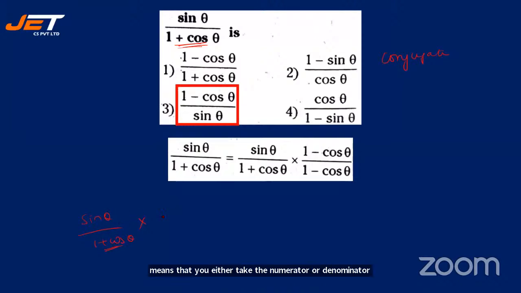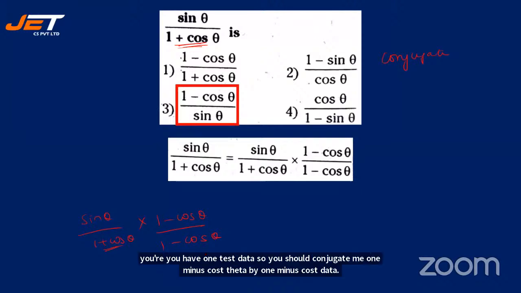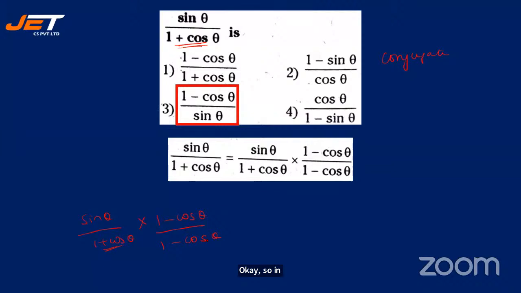Here you have 1 plus cos theta, so the conjugate means 1 minus cos theta by 1 minus cos theta. In standard 10, many sums, only by using the conjugation, you could have derived your proof sums.